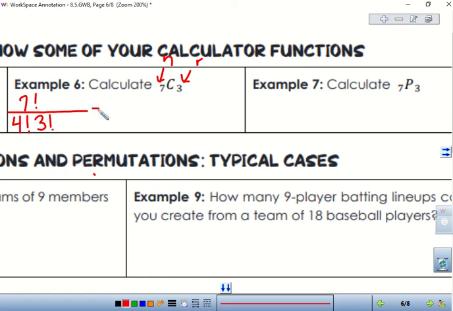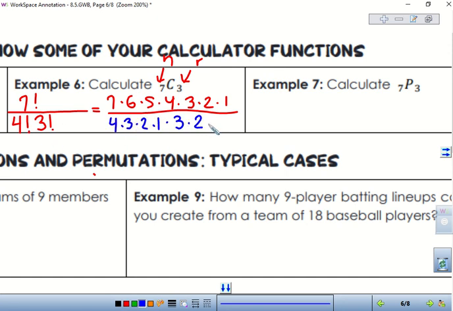Okay? So I sometimes will do this by hand. So this is just 7 times 6 times 5 times 4 times 3 times 2 times 1 all over 4 factorial, which is 4 times 3 times 2 times 1, and 3 factorial, which is 3 times 2 times 1. The reason I sometimes do this by hand is because then I can cancel stuff out.